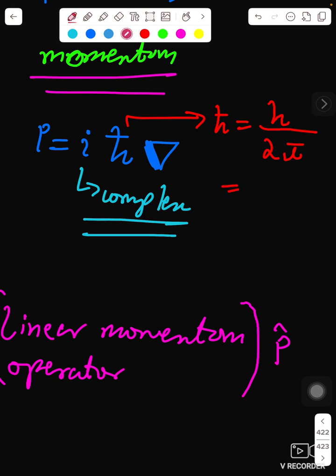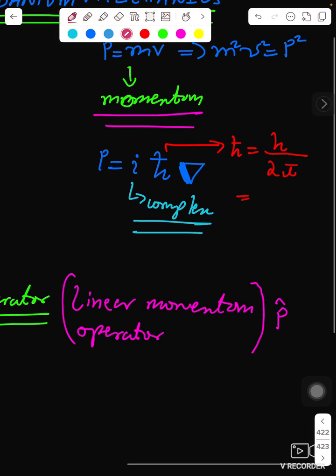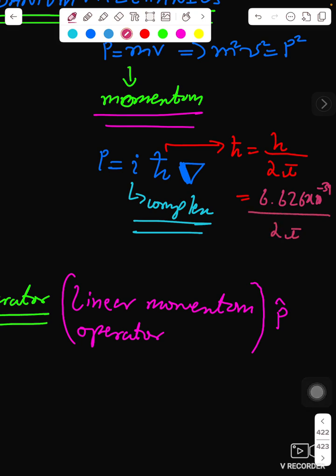If you want to calculate the value of h bar for general knowledge, the value of h is 6.626 times 10 to the power minus 34, over 2 pi. You'll get the value of h bar, and I think if I'm right, h bar's value is 1.05 times 10 to the power minus 34 joule seconds. That's the unit for both, since the unit doesn't change as we are only dividing h by the number 2 pi, which has no unit.